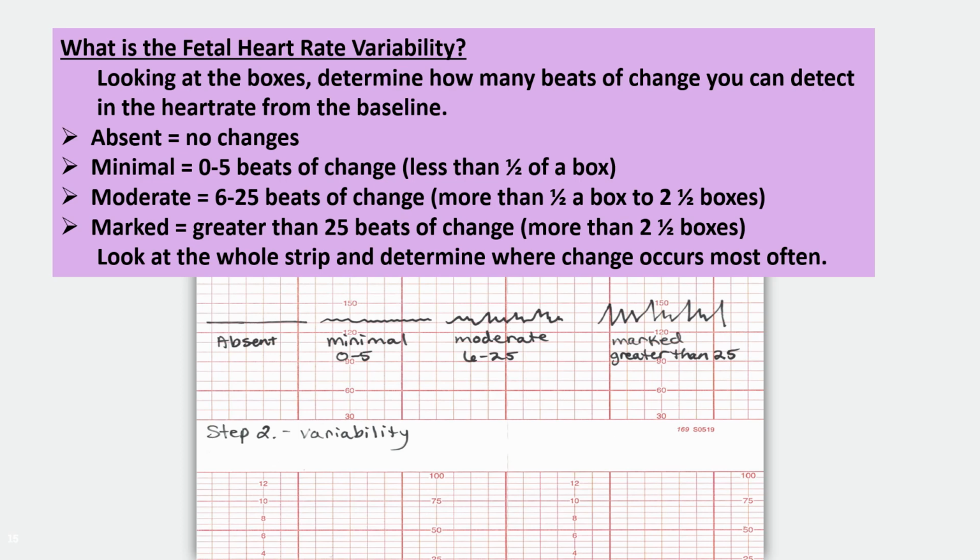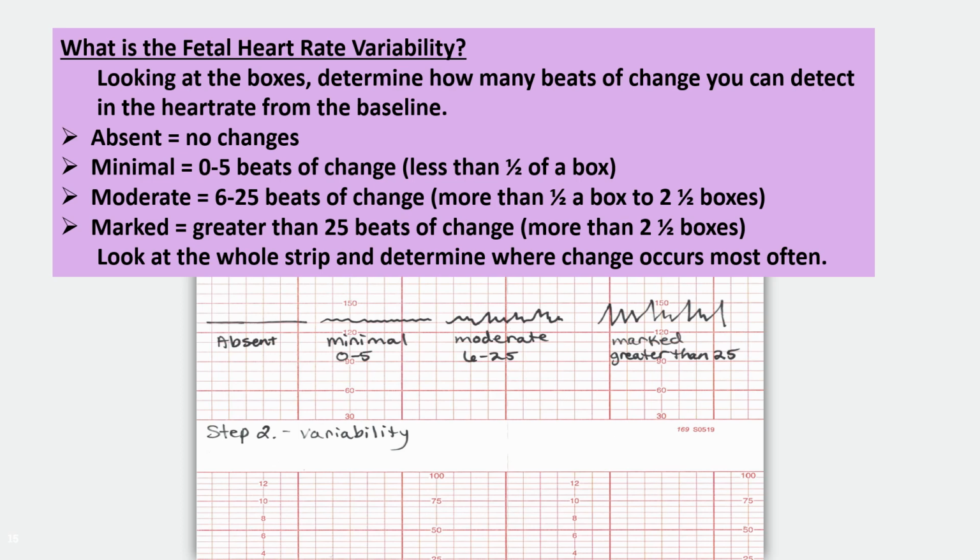The other thing that you need to know, I want you to remember this. If you have moderate variability, you have an oxygenated fetus, period. It doesn't matter if that fetus is having decelerations. If you have moderate variability, you have oxygenation, and your fetus has oxygen reserve.